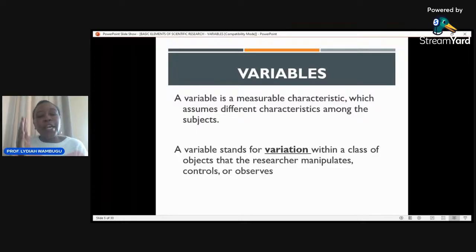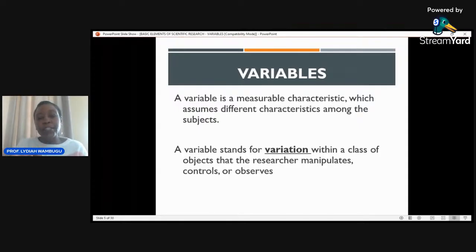That means it varies. If I'm holding cups and I have a red one, a white one, and a green one, then the color of the cup is a variable. If I have a small one and a big one, again, the size is a variable.